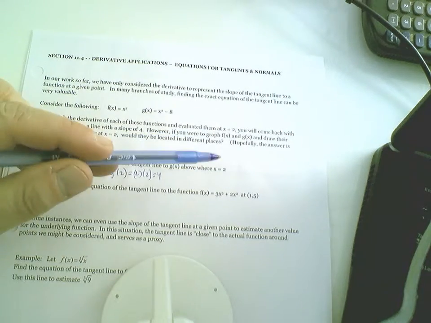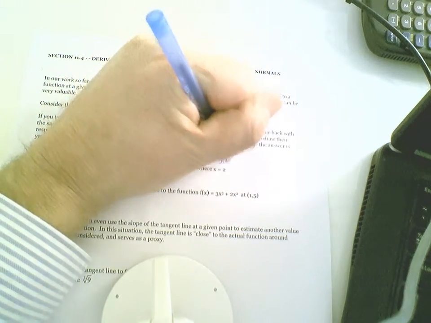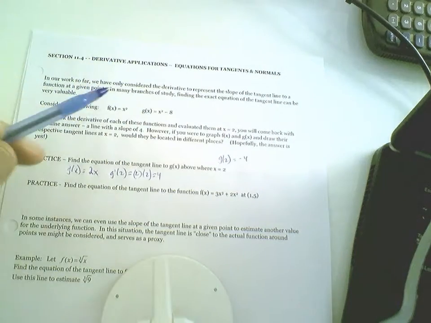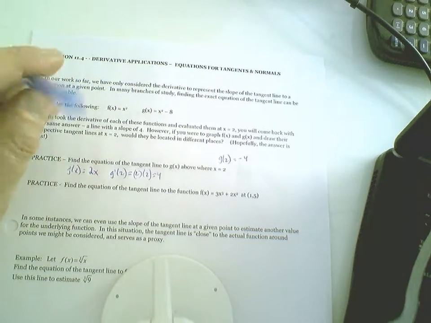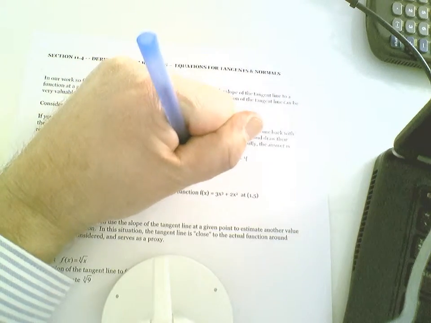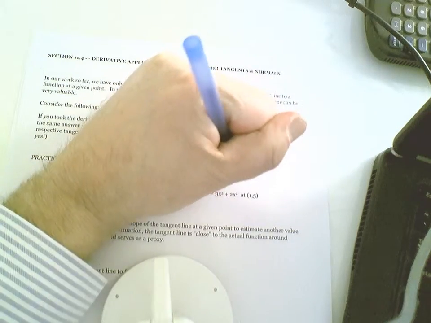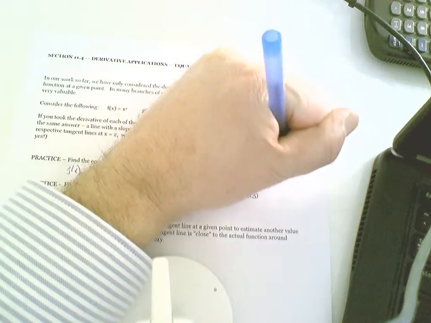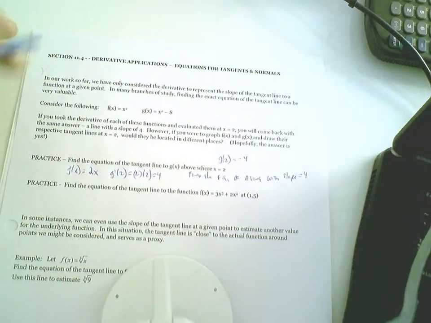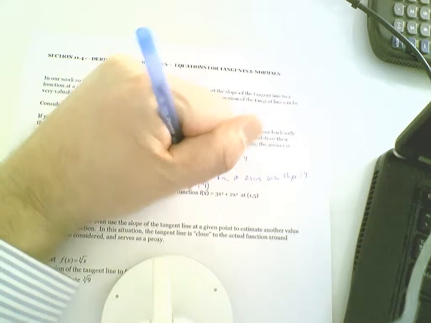Now again, we know that the point where x equals 2 on the original function is 2, negative 4. So remember, g of 2 equals negative 4. And so the equation of the tangent line translates into nothing more than this. Find the equation of a line with slope of 4 that goes through the point 2, negative 4.